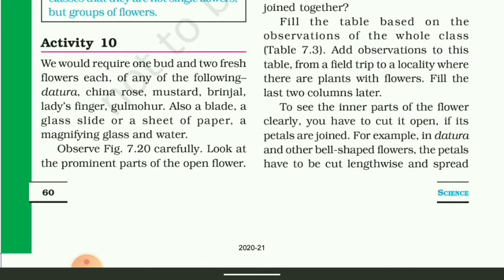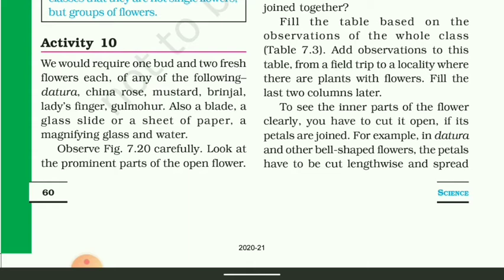Activity 10. We would require one bud and two fresh flowers each of any of the following: datura, china rose, mustard, brinjal, lady's finger, gulmohar. Also, a blade, a glass slide or a sheet of paper, a magnifying glass and water.